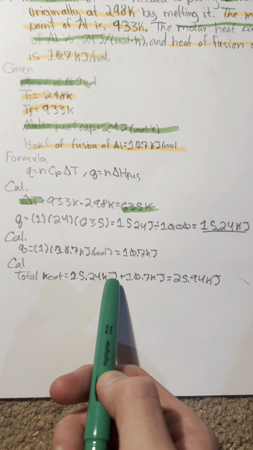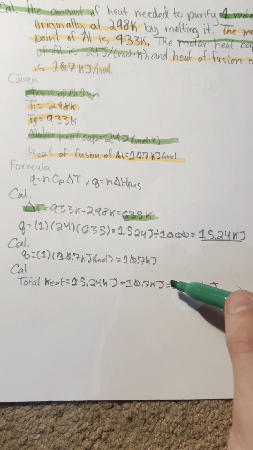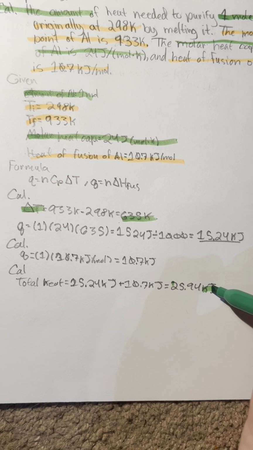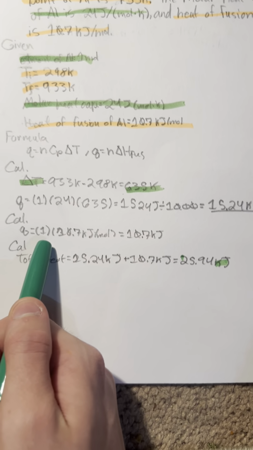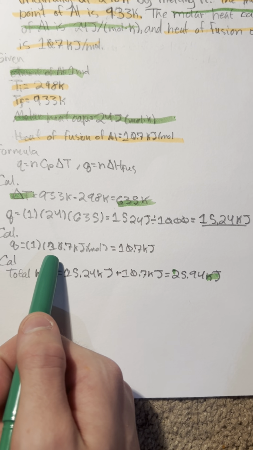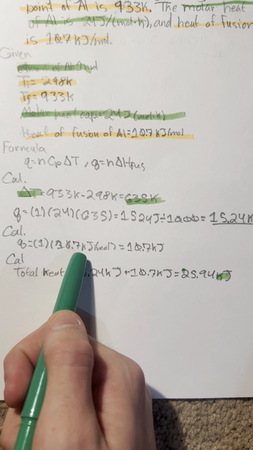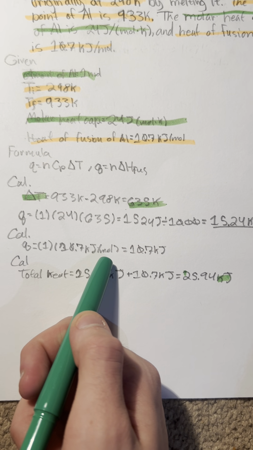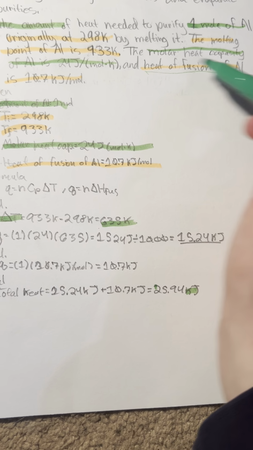When we are subtracting, we need the same units, and it expects our answer in kJ. Q, then we can just plug it in: 1 times 10.4 kJ, sorry, it gives us it right here.